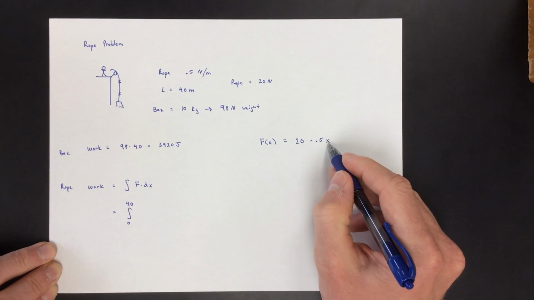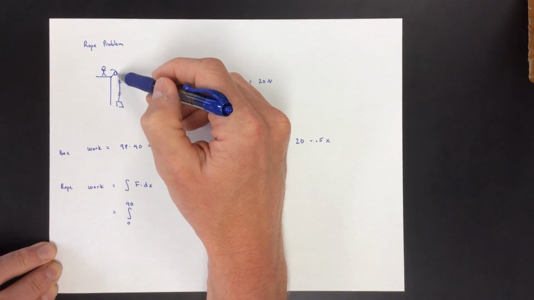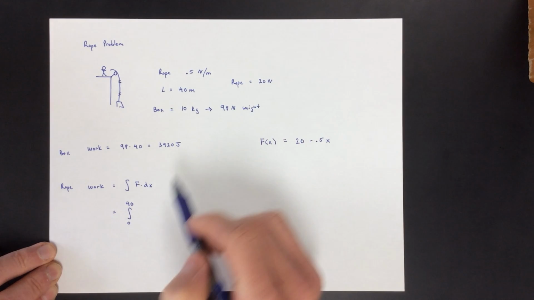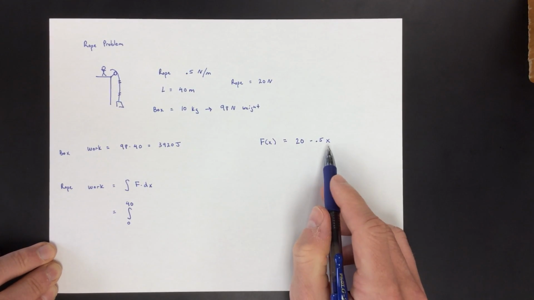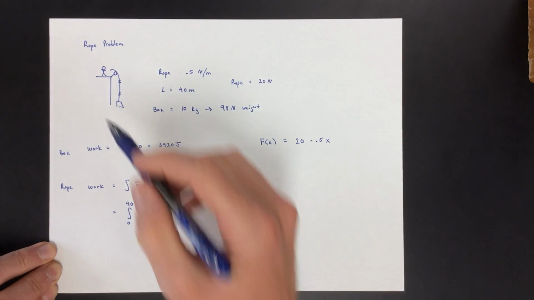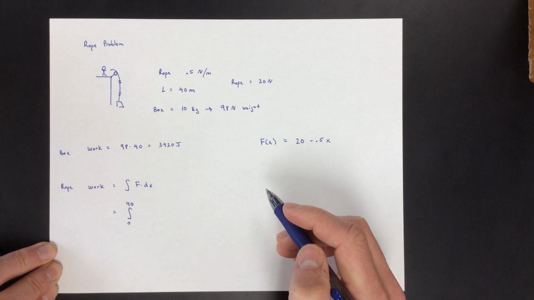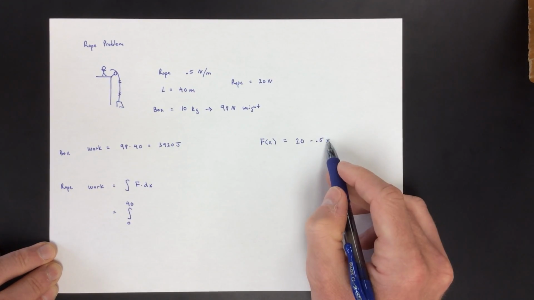When x is 0, the force is 20, meaning you haven't pulled anything up yet, you're holding the entire weight of the rope, 20 newtons. When x is 40, the force is 0, because once you've pulled 40 meters worth, there's no more rope to pull because it's all gone. So this equation should make sense.